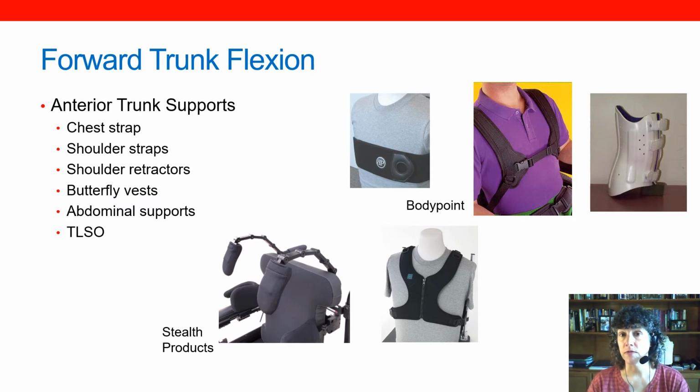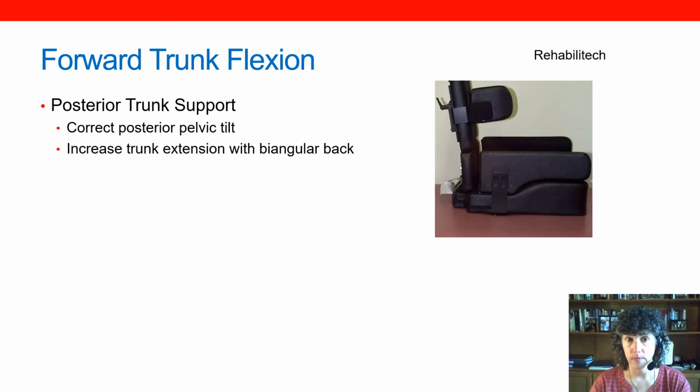If there's a lot of flexion in the upper trunk, usually shoulder straps are going to provide the most trunk extension and scapular retraction in comparison to our other options. But we have to remember posterior trunk support as well. This will not only allow us to help correct a flexible posterior tilt, but also increase overall trunk extension.